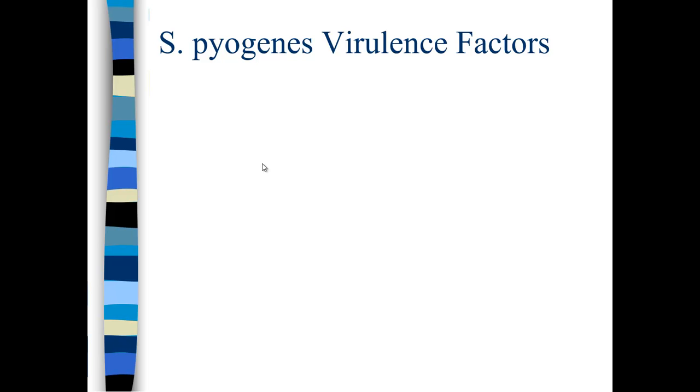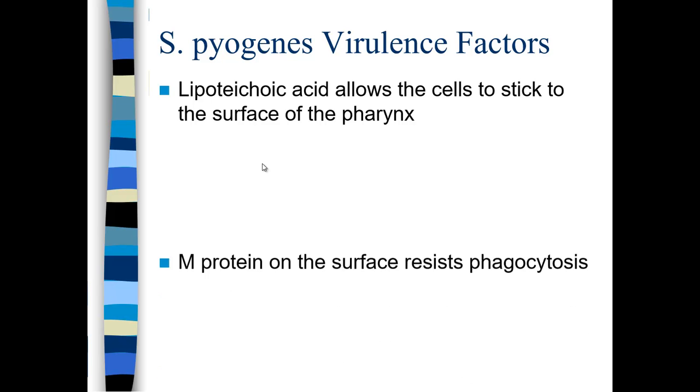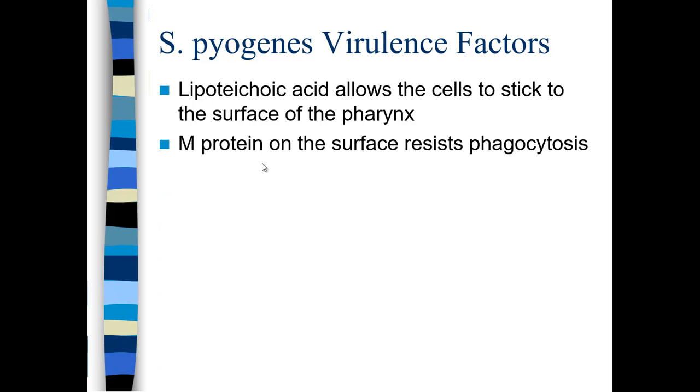Streptococcus pyogenes virulence factors, including surface lipoteichoic acid, I believe, yeah, this is a lipid, fatty acid that allows the cells. It's sticky, so the cells can stick to the surface of the pharynx. The M protein on the surface causes pyogenes not to be able to be phagocytized.